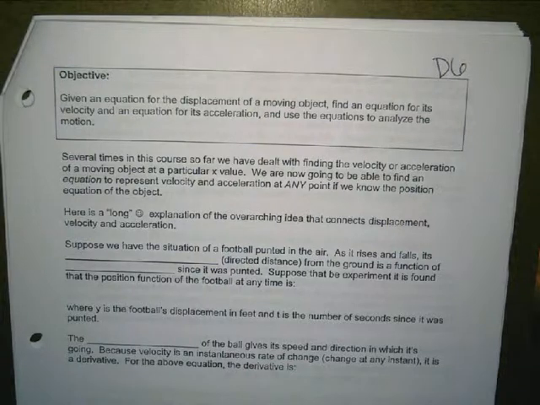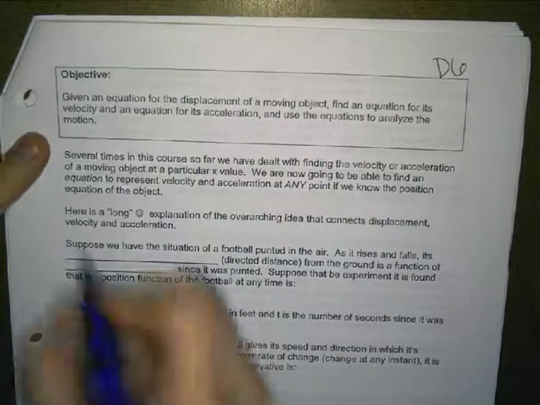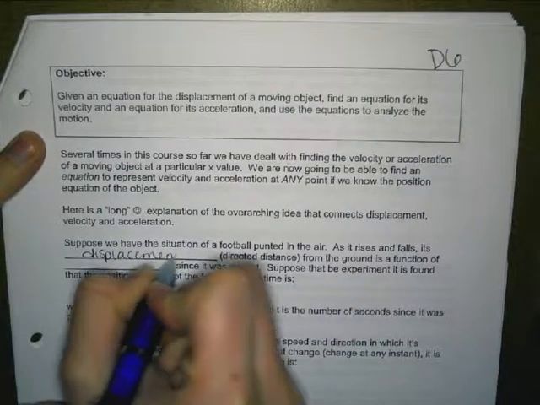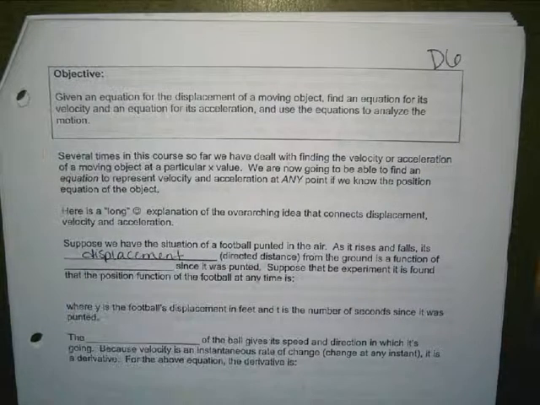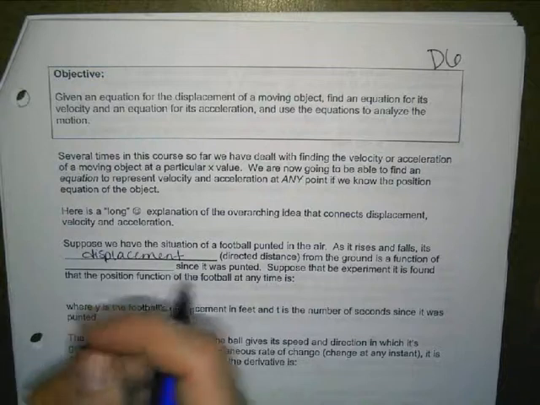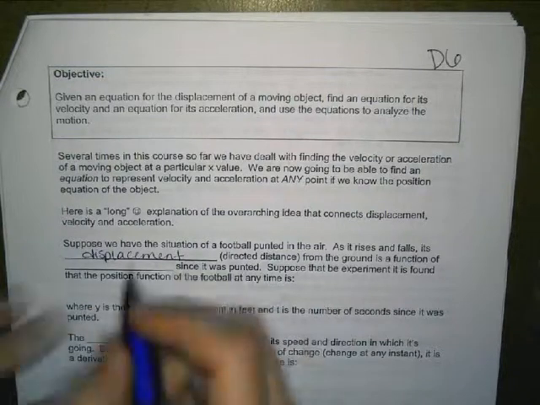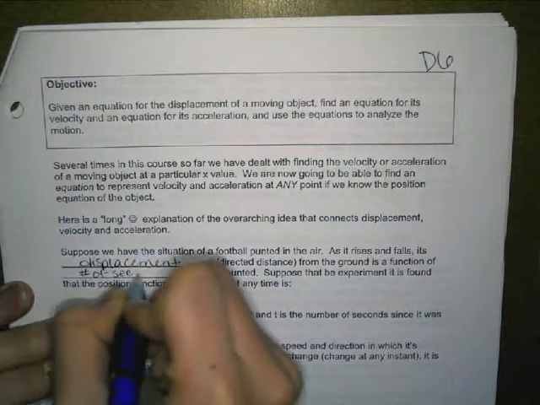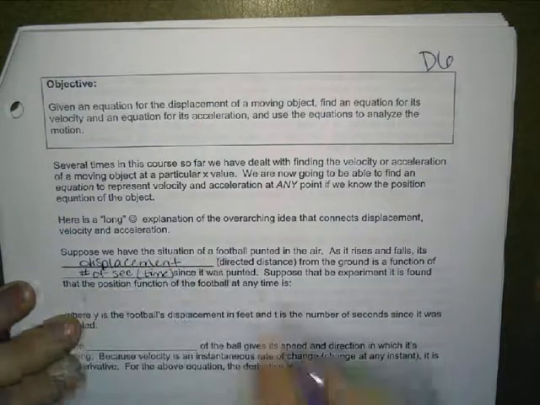Suppose we have a situation of a football punted in the air. As it rises and falls, its displacement in relationship to the ground is a function of time, specifically the number of seconds since it was punted.